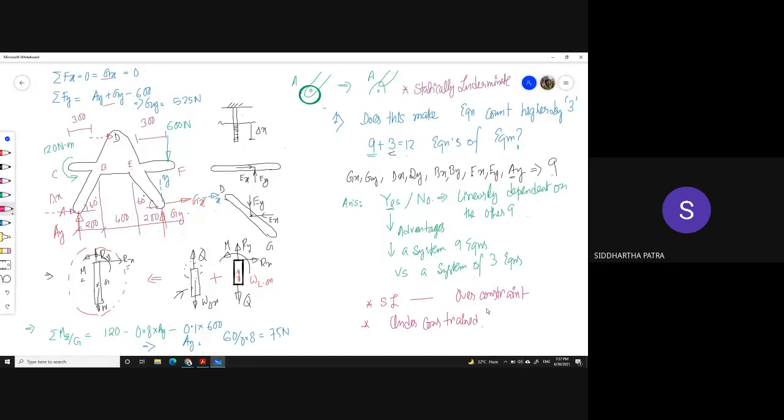In over constraint, you have more unknowns. A 10th unknown will come, and you only have 9 linearly independent equations. So you cannot solve for all the 10. You can only solve for a few.